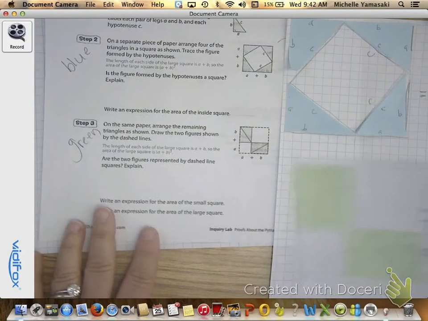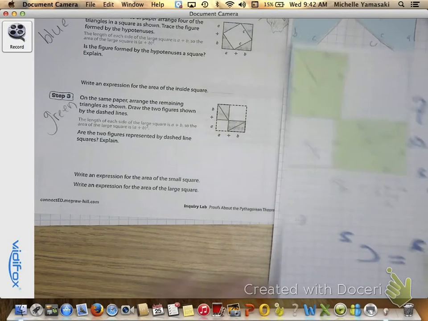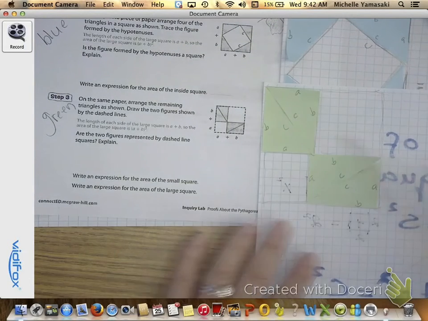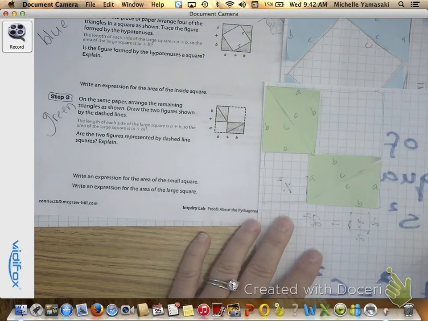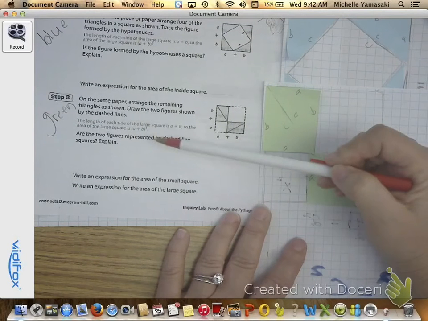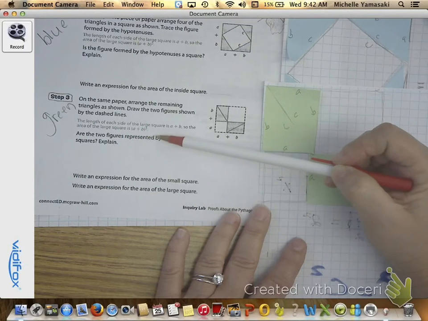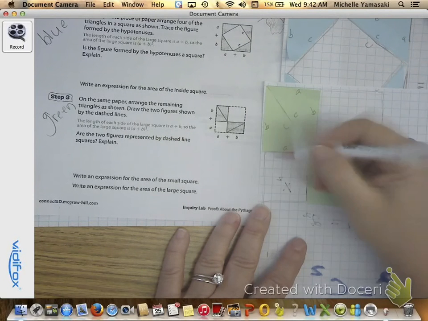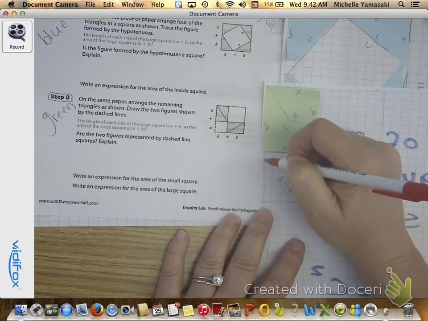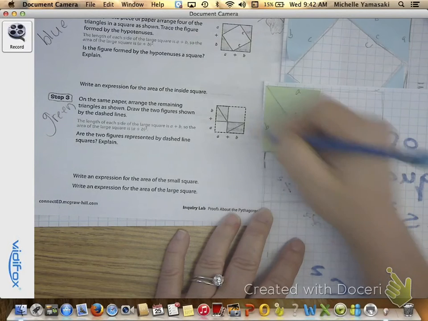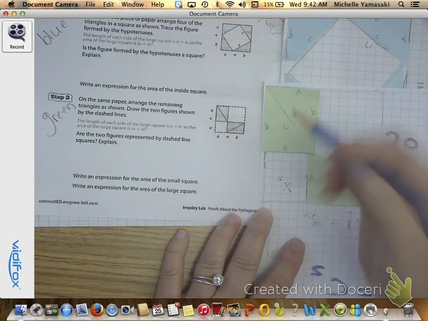On step 3, if you have the green Post-it, on the area to the right of your diagram or on the graph paper, you're answering these questions. Are the two figures represented by the dashed lines, these right here? You see those dashed lines? These are the dashed lines, right? Here and here.